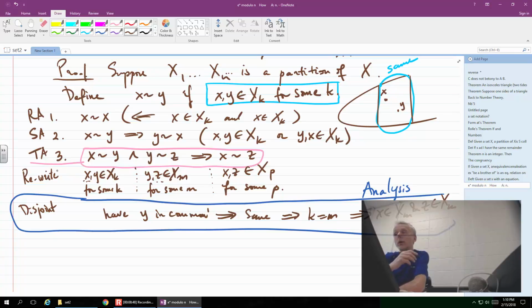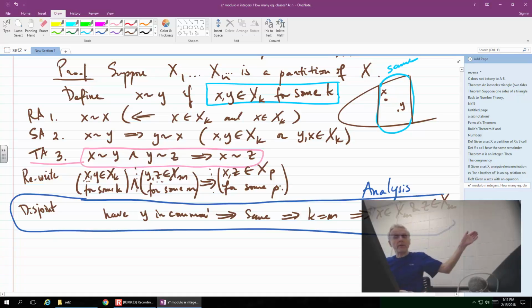So I take that blue box and repeat it 3 times for these 3 equivalences. Okay, so xy belongs to some X sub k, yz belongs to some X sub m, xz belongs to some X sub p. Without thinking ahead just yet, this is simply rewriting. That way we can put the equivalence relation idea out of our minds and concentrate on what we have. So we have 2 statements supposed to imply this 3rd statement.